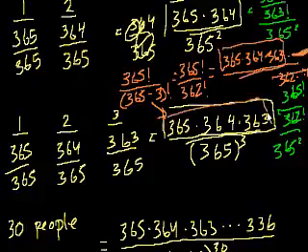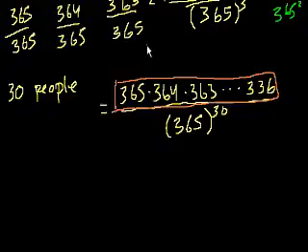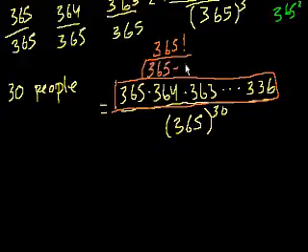So by that same logic, this top part here can be written as 365 factorial over 365 minus 30 factorial. And I did all of that just so I could show you the pattern, and because this is frankly easier to type into a calculator if you know where the factorial button is.